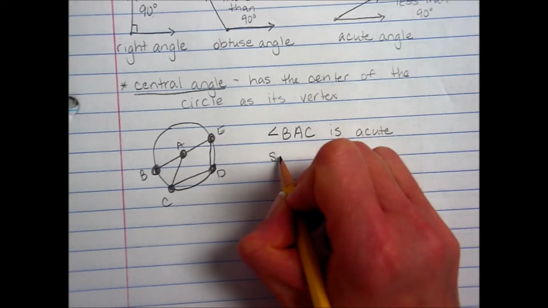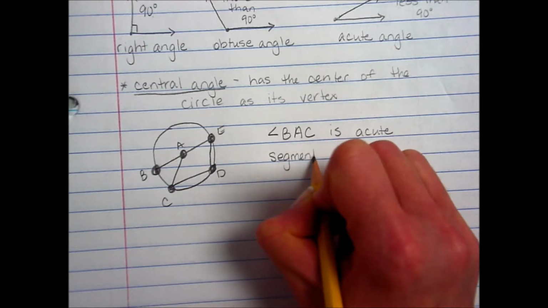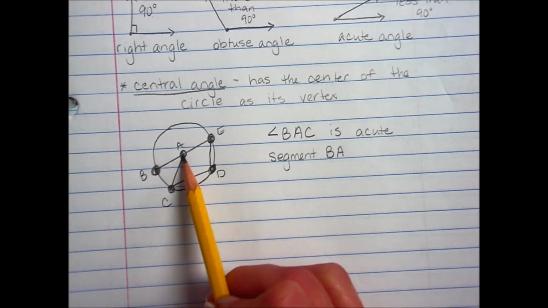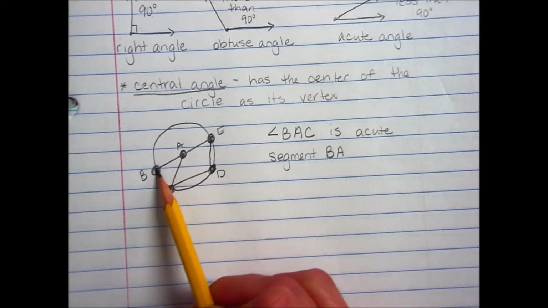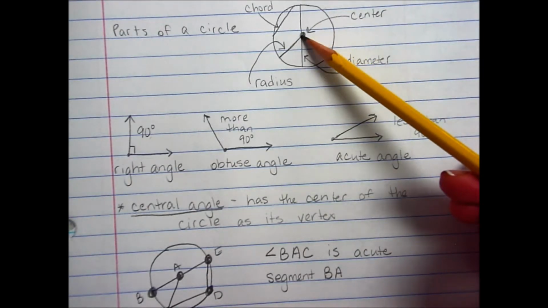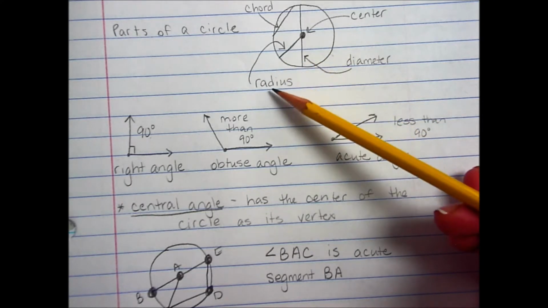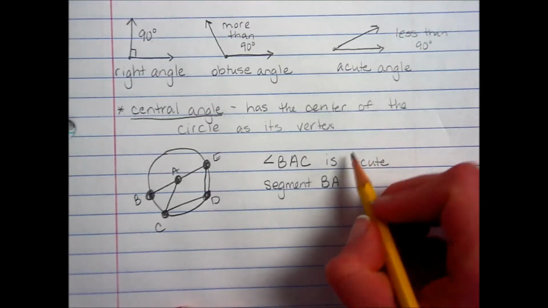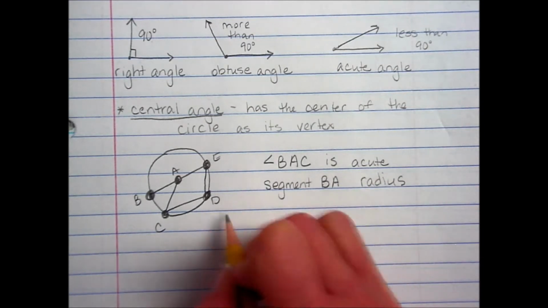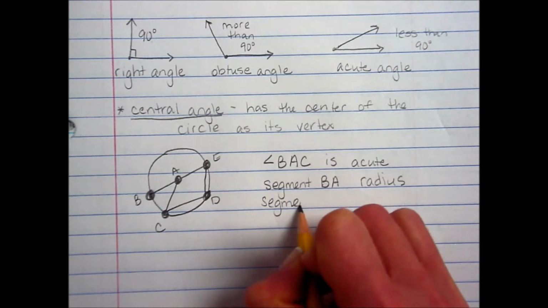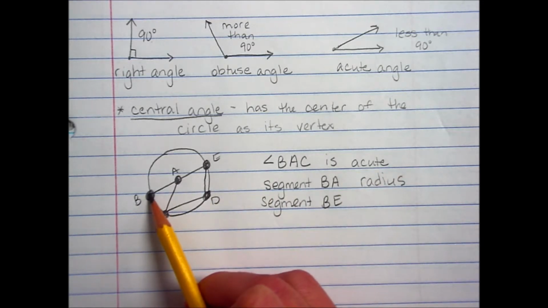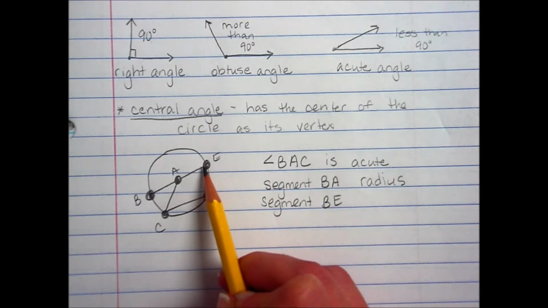They'll have you name the segments. So segment BA is what type of segment? From B to A, we go from center to edge. If you look back at our diagram, when we go from center to edge, we call it a radius. So BA is a radius. What about segment BE, where we go from edge to edge and we cross the center?